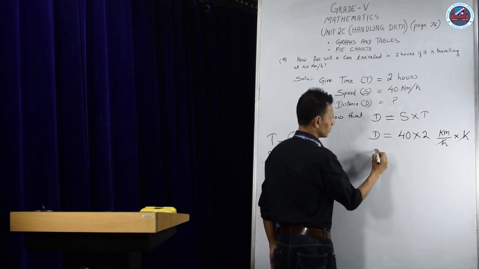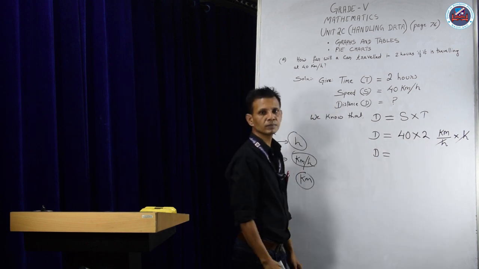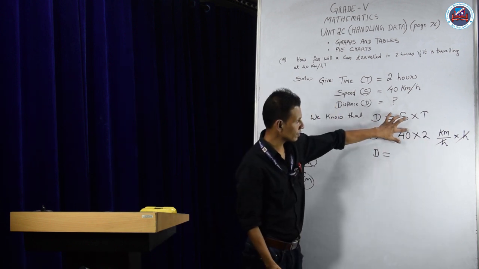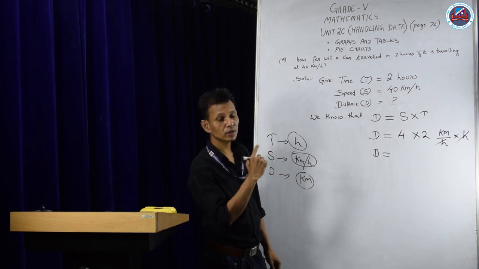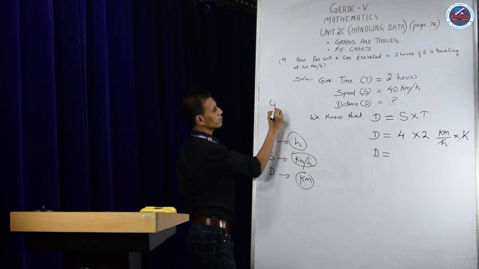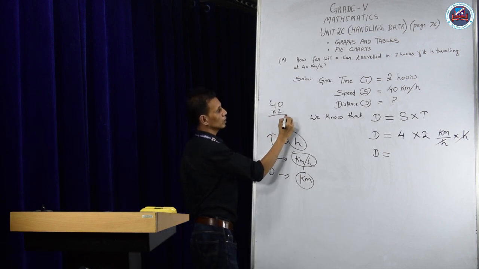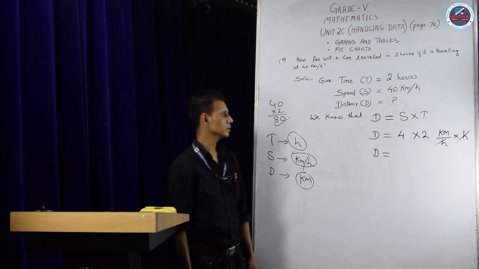D equals 40 times 2. For a moment just avoid the 0. I'm teaching this for the students who are really going to work in this way. 40 times 2. 2 times 0 is 0, 2 times 4 is 8. Yes, 80. Be smart now.